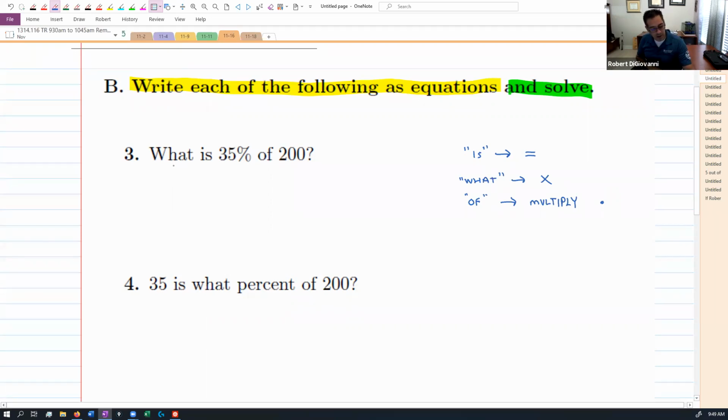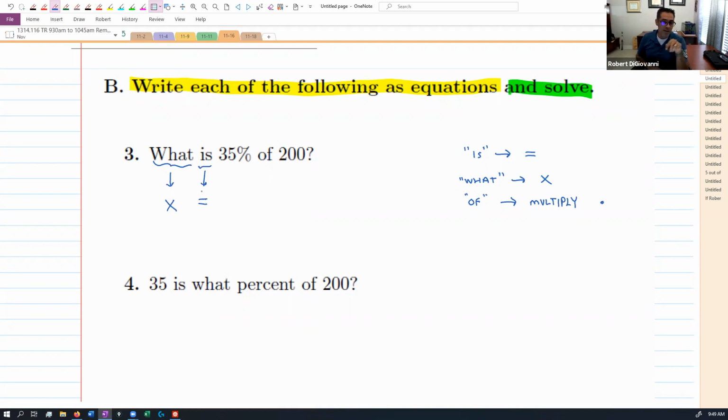equation. So what is it I'm looking for? What is 35% of 200? What is X? Is our equals. So X is, now 35% is a percentage, but we talked last class about how when you have a percentage, you can convert it to a decimal.